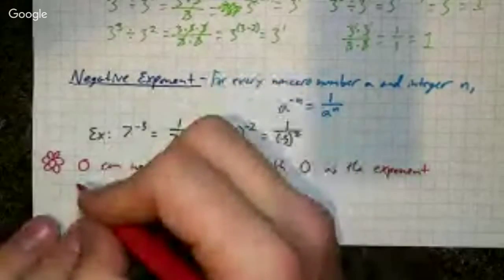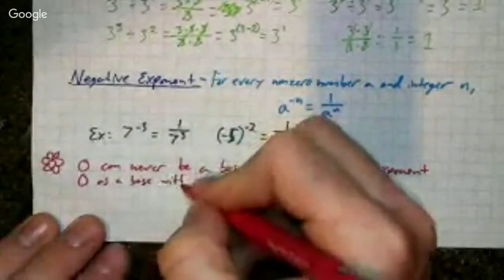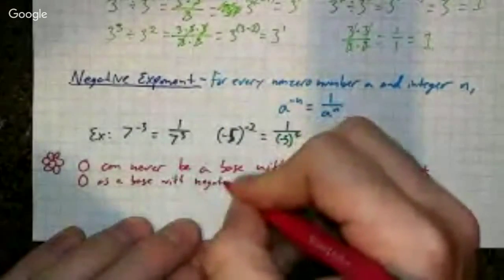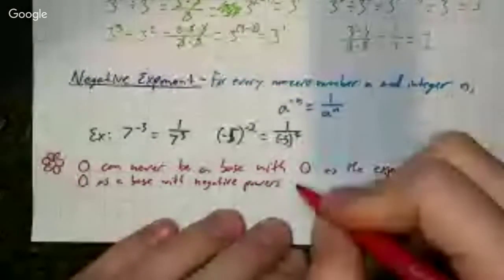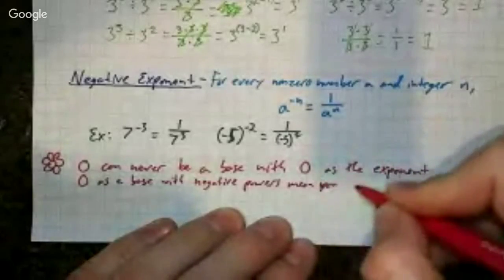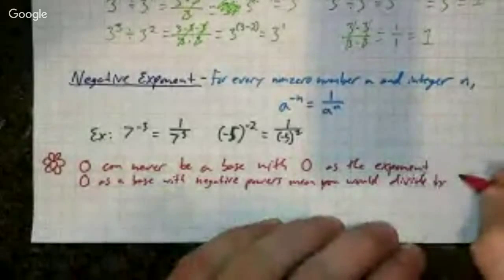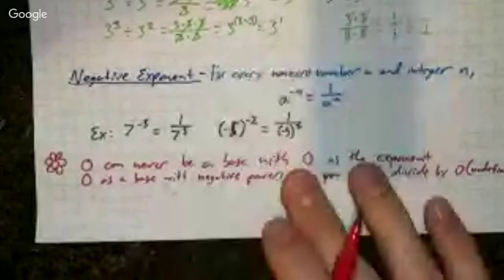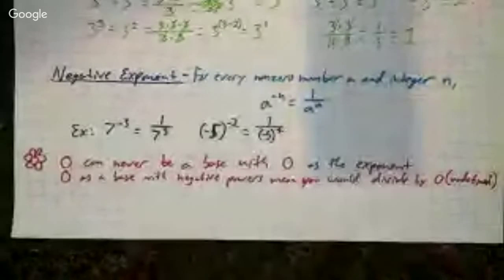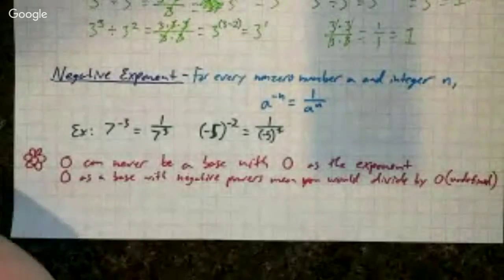Also, 0 as a base with negative powers would mean you would divide by 0, which we know is undefined. So these two notes down here are letting us know that 0 can't really be used as a base with 0 as an exponent or with negative powers because it's undefined.